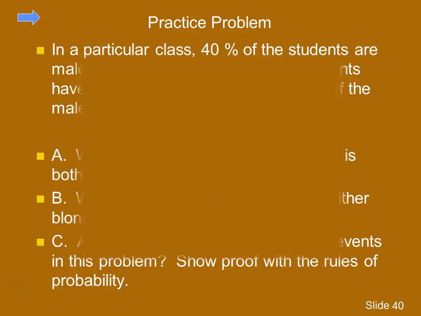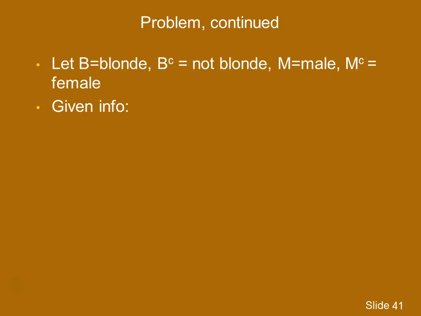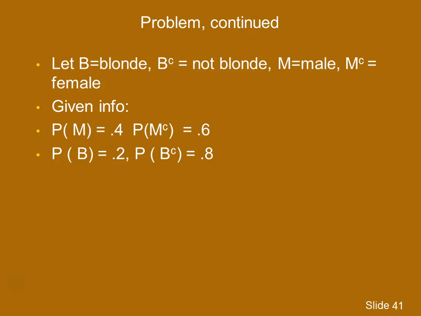So let's write down all the given information. We were told 40% are male, so the probability of M is 0.4, and therefore its complement, female, has to be 0.6. The probability of blonde was given to you as 20%, and therefore the probability of non-blonde is 80%, or 0.8.